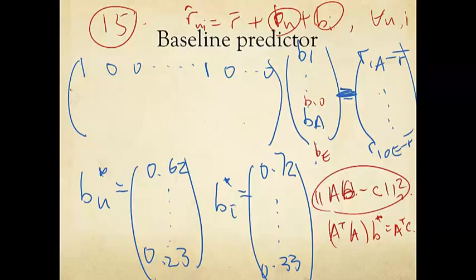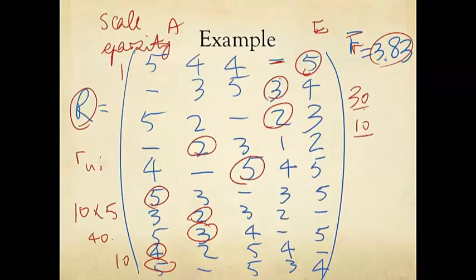In particular, this A matrix is going to be a 30 by 15 matrix. 30 because we have 30 training points starting from R_1A to R_10E. Basically all the points here that are not red circled are our training data.